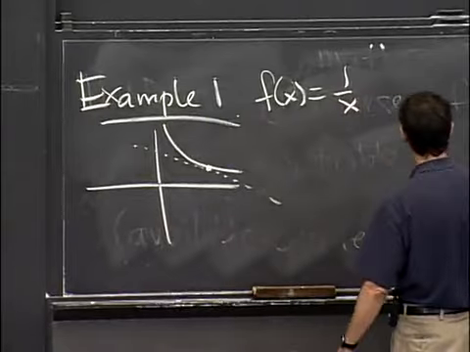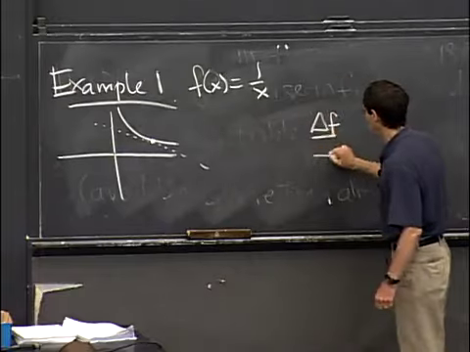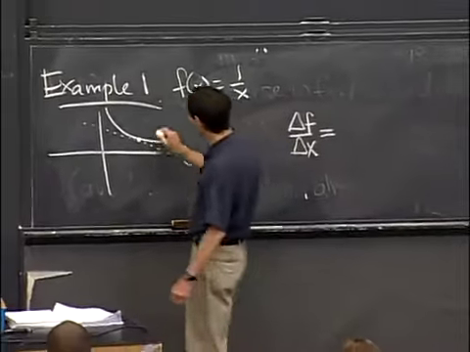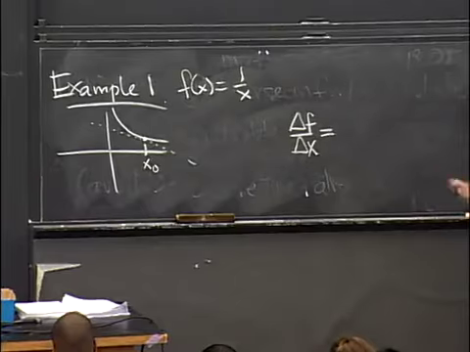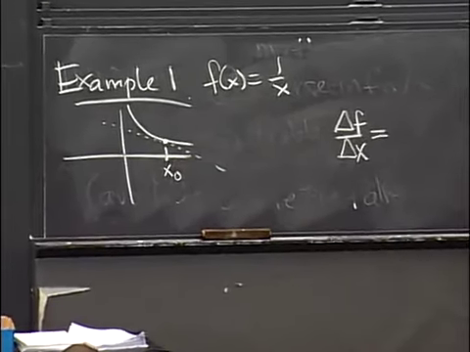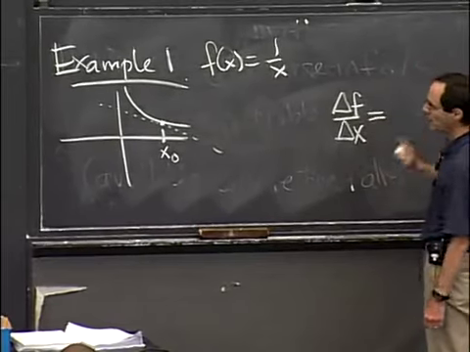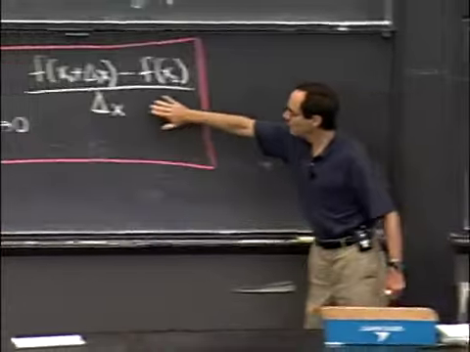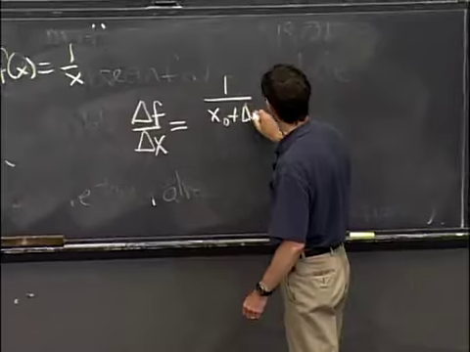So first, we consider this difference, delta f over delta x, and write out its formula. So I have to have a place, so I'm going to make it, again, above this point x0, which is a general point. We'll make the general calculation. So the value of f at the top, when we move to the right by delta x, I just read off from here the formula. The first thing I get here is 1 over x0 plus delta x.